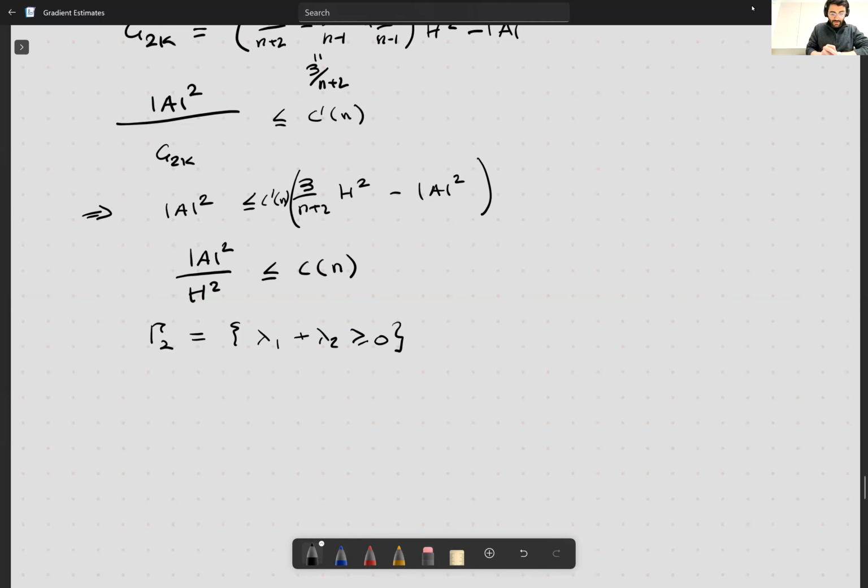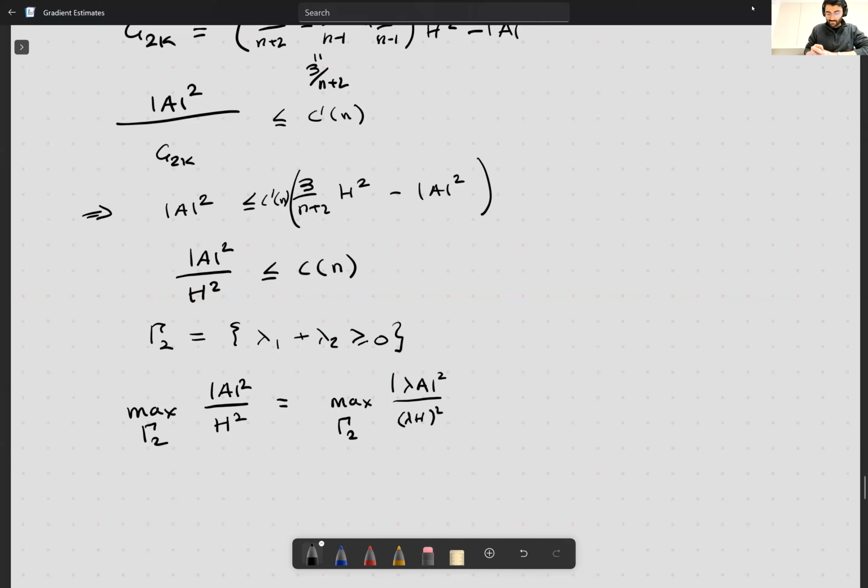Okay, so we're trying to find the max on gamma 2 of a squared on h squared. Right, so that's equal to the max on gamma 2 of, well, lambda a squared on lambda h squared, right?